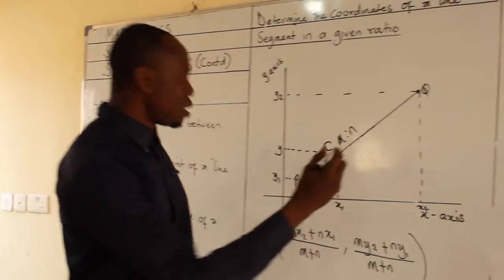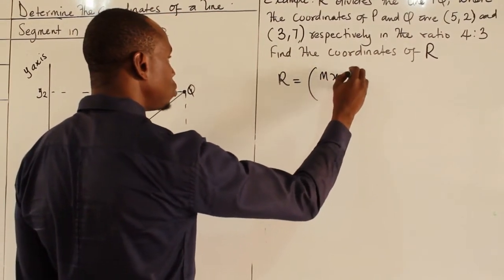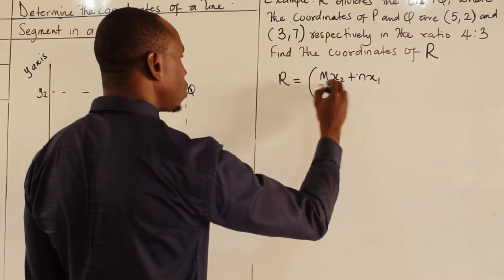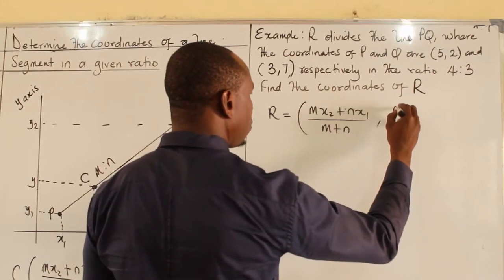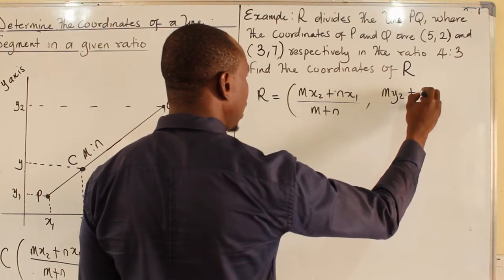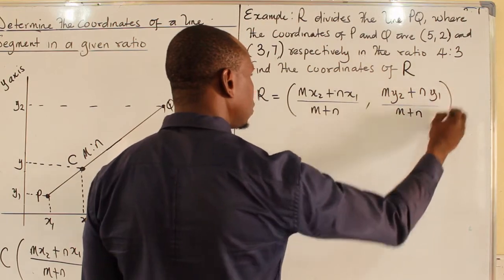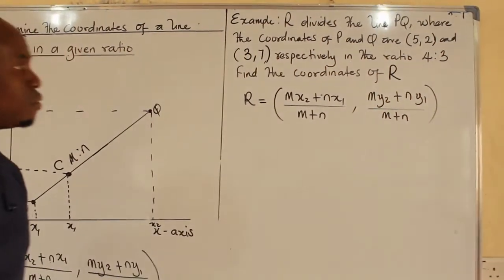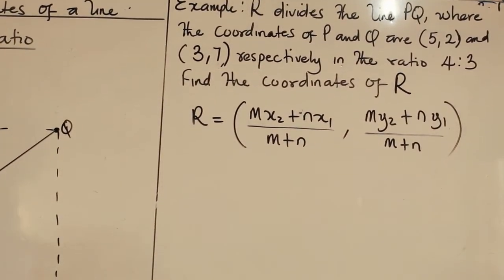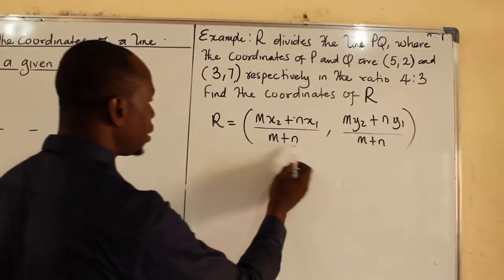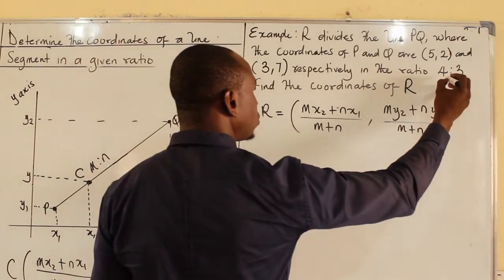So R will be written as (mx2 plus nx1) all over (m plus n), comma, (my2 plus ny1) all over (m plus n). This is the required formula for getting the coordinates of R. And you can agree with me that m and n represent the ratio that was given as 4 is to 3.